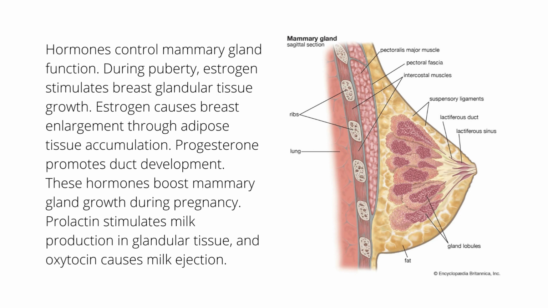And during pregnancy, these hormones enhance further development of the mammary glands because they do double work. Prolactin from the anterior pituitary stimulates the production of milk within the glandular tissue, and oxytocin causes the ejection of milk from the glands.